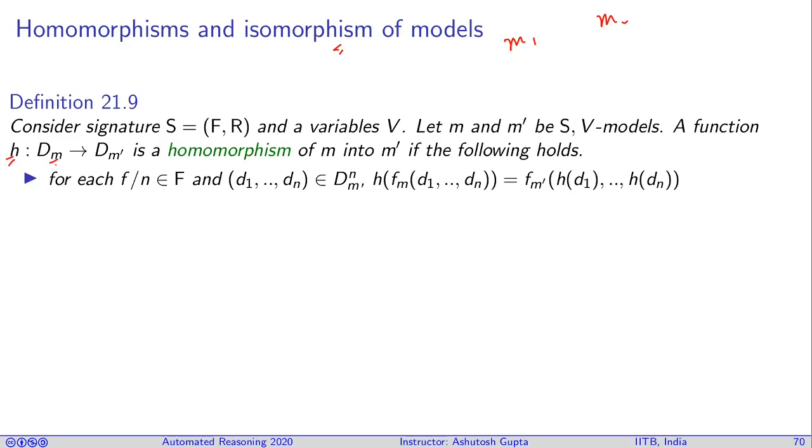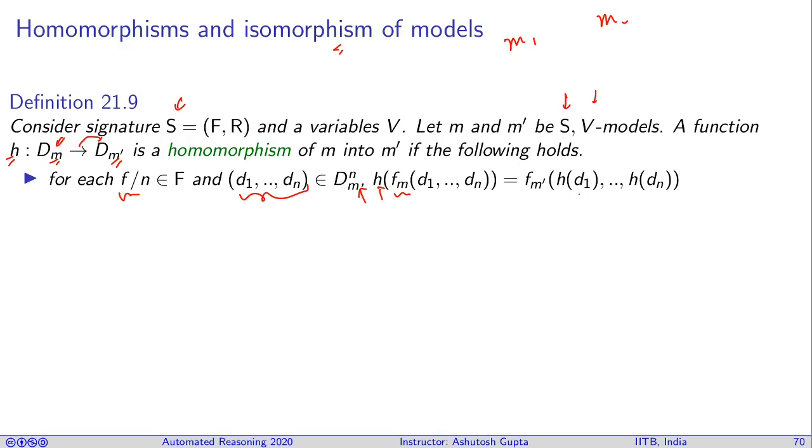So if there are two models M and M prime, assigning values to one signature S and some variables V, then if we take a function f from our signature and apply it on values d1 to dn coming from the state space of model M, and then we apply the model of function f, and whatever we get, we apply my homomorphism function h, which takes me from the space of M to the space of M prime, and we get a value. And we apply the process the other way around.